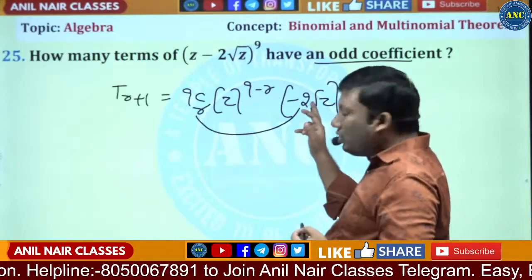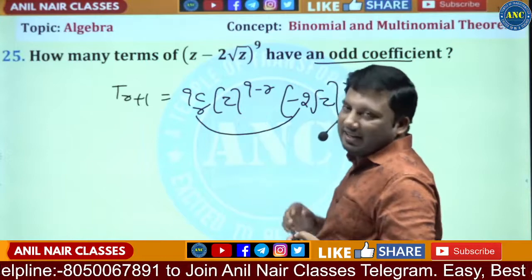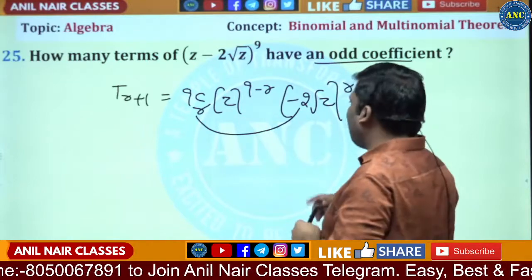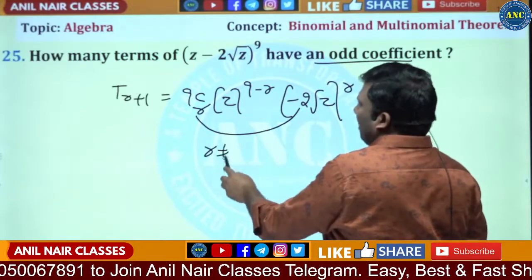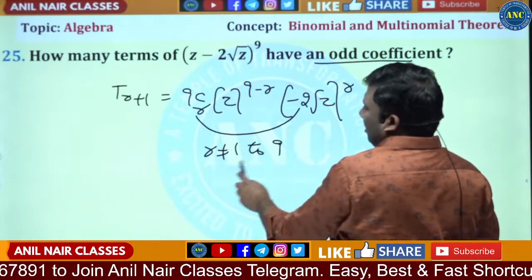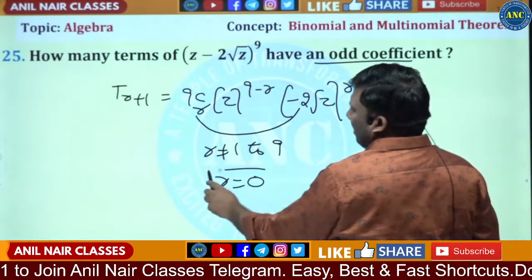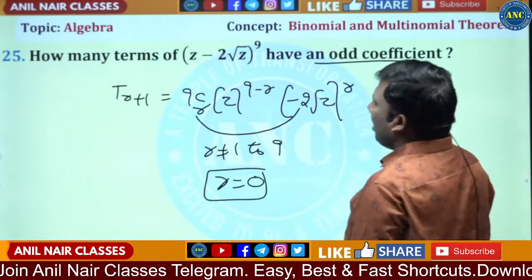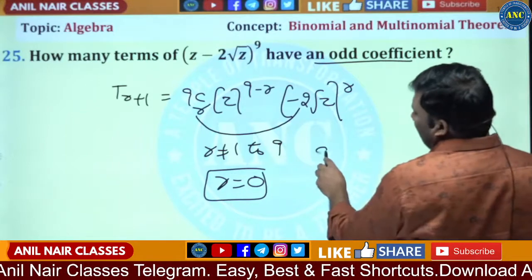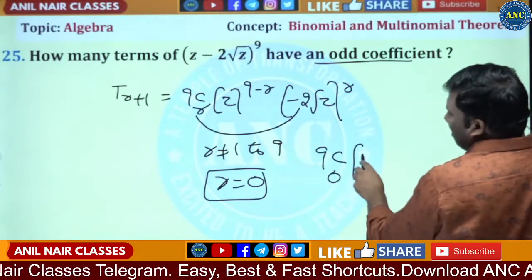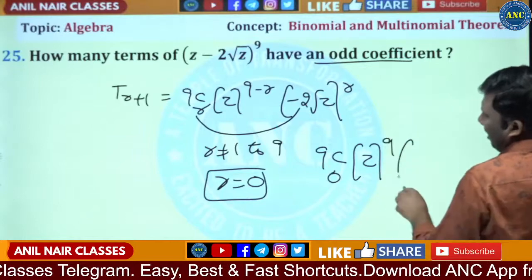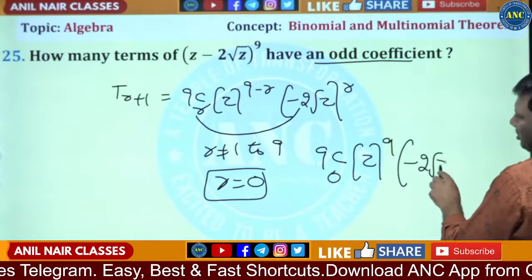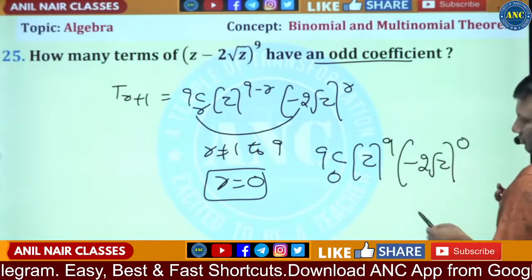If r is 2, 2 squared into 9C2, it will become even. That means r cannot take values from 1 to 9. The only value it can take is r = 0.